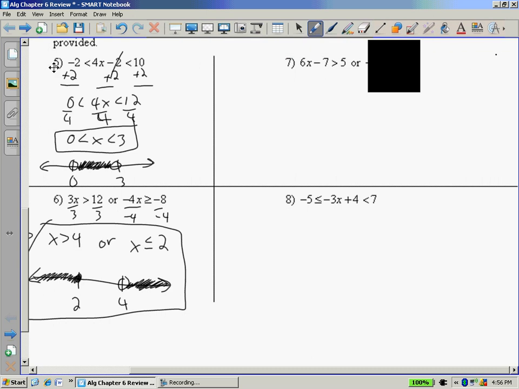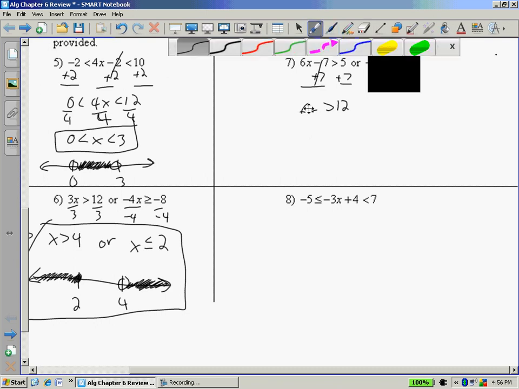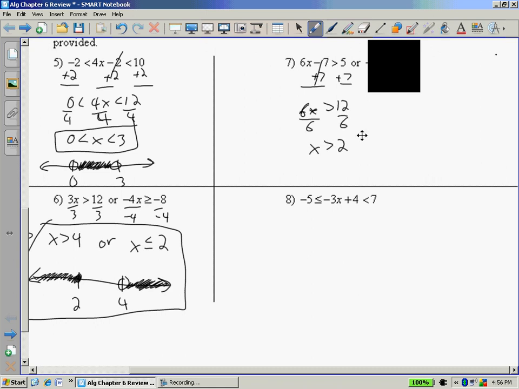Remember that with an and, we do everything all at the same time, whereas with an or, we're going to separate the two sides and do one at a time. So now we're going to add 7 to both sides. 6x is greater than 12. We're going to divide by 6. x is greater than 2.